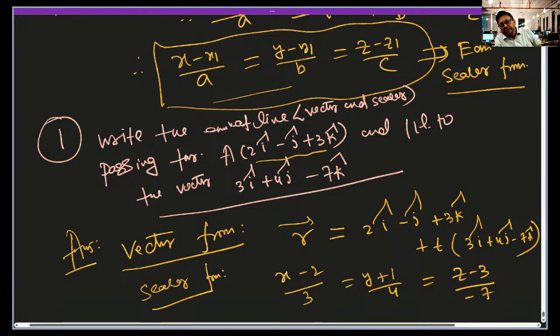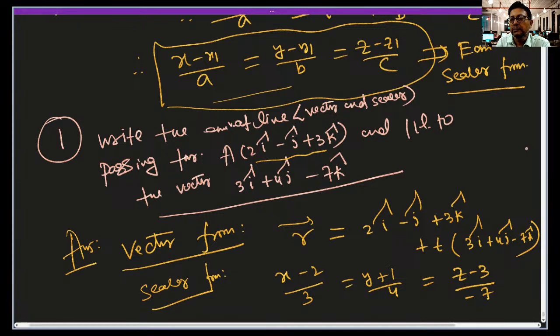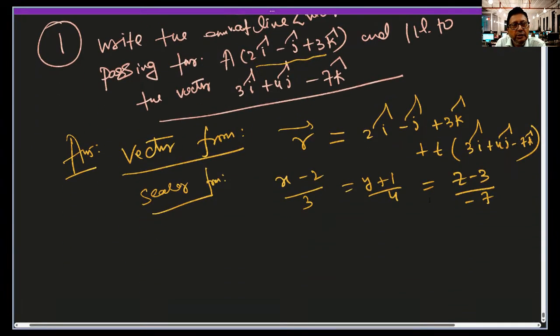Done? If lines are parallel, which part will be the same? For parallel lines, they have the same direction ratios.